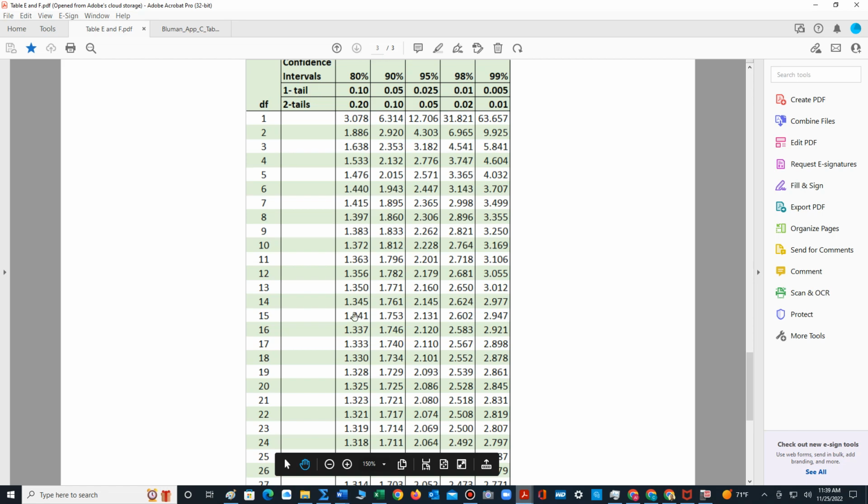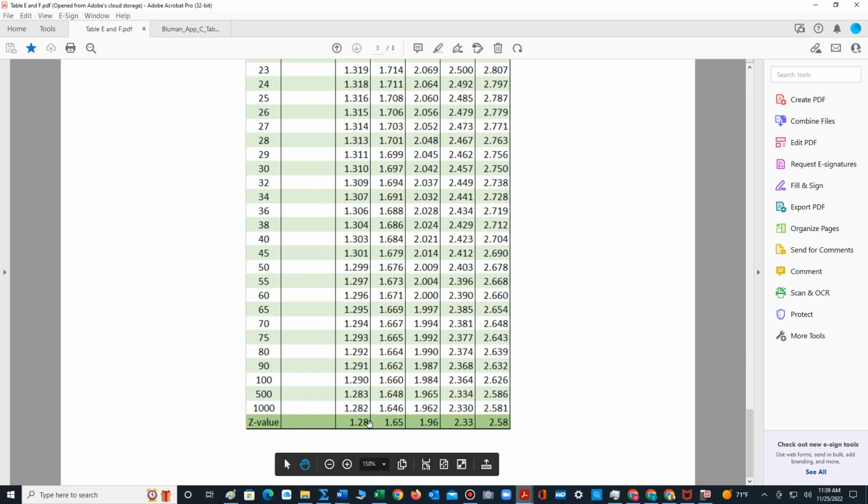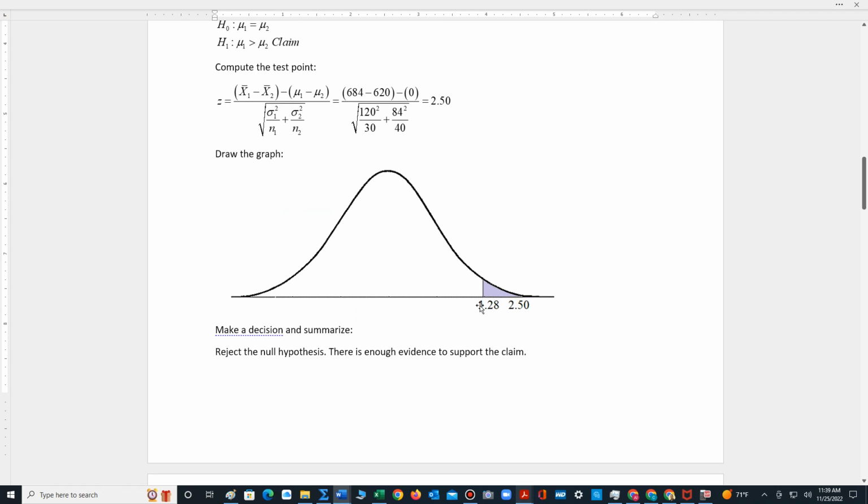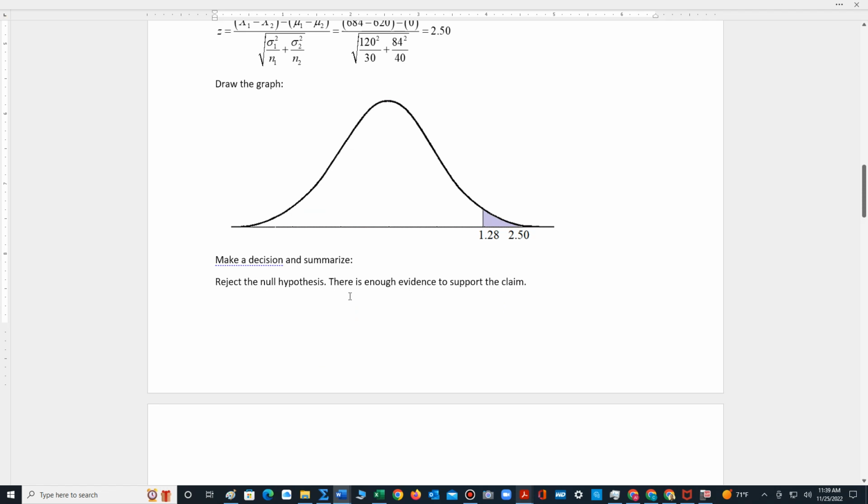One-tailed 0.10. We go all the way down. 1.28. It's a z value. And so that's our critical value, 1.28. 2.50 is greater, falls in the critical region. Thus, we reject H naught. And we summarize by stating there is enough evidence to support the claim.